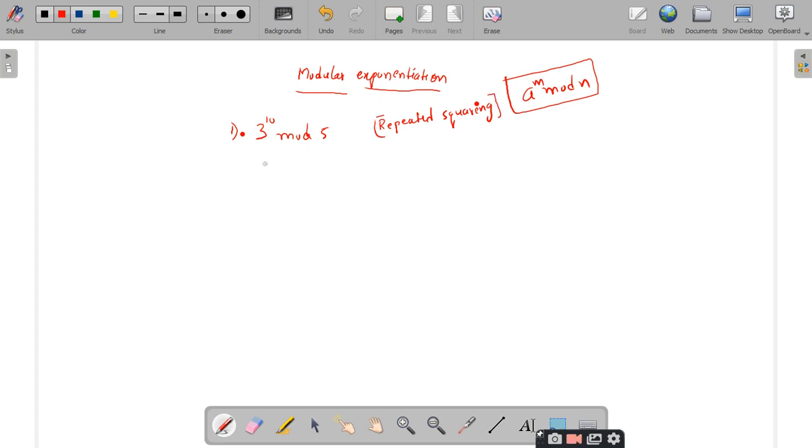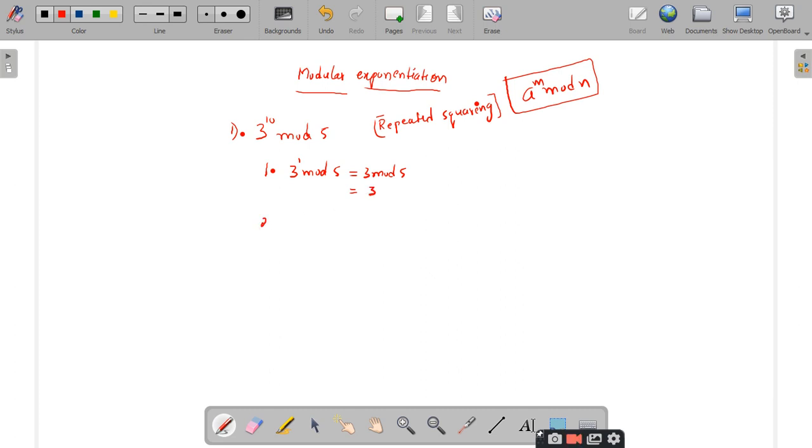So for this purpose, the first thing you have to do is calculate 3 power 1 mod 5. What is 3 power 1 mod 5? It is 3 mod 5. What is 3 mod 5? What is the value? 3, sir. 3.